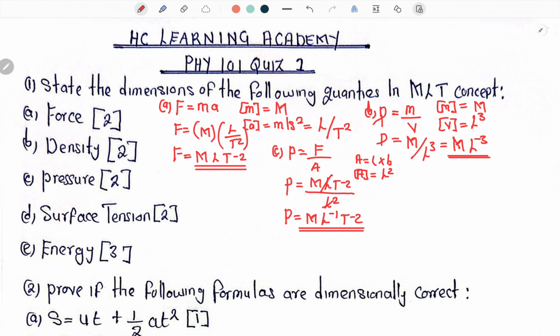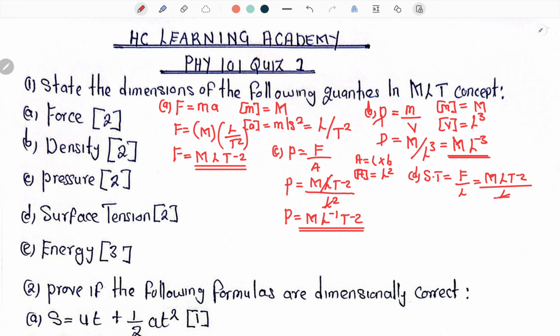We go to D, which is simply the surface tension, because we know that surface tension is equal to your force over your length, which is just the same as M, because we know that force is M, L, then T to the power negative 2, all over by L. What are the dimensions of length?